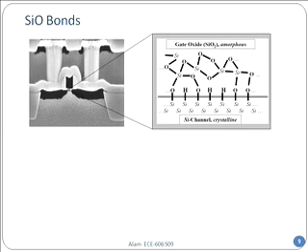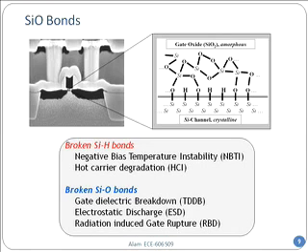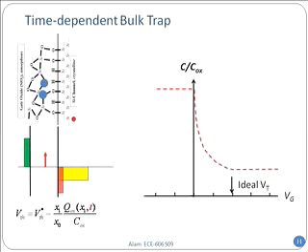Now let me give you some examples about silicon oxygen bonds and the dissociation of it, starting with gate dielectric breakdown. Before even gate dielectric breakdown happens, the first thing you realize is that many times the oxygen in silicon dioxide is not where it should be.